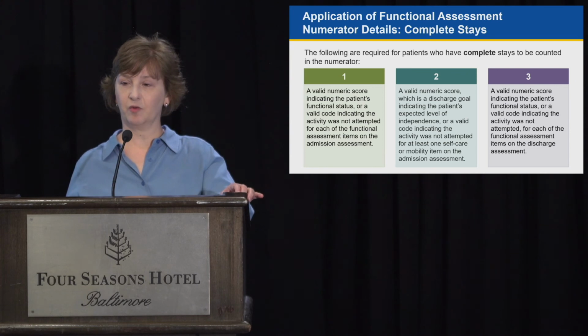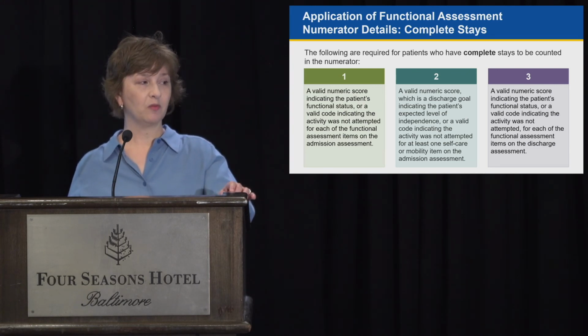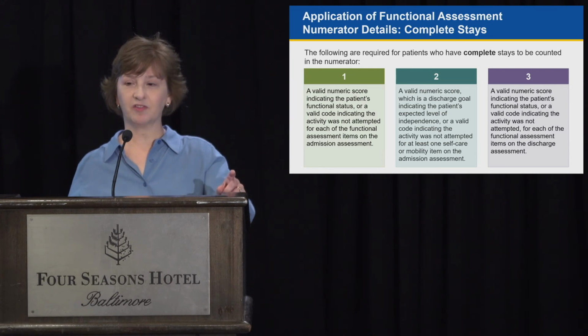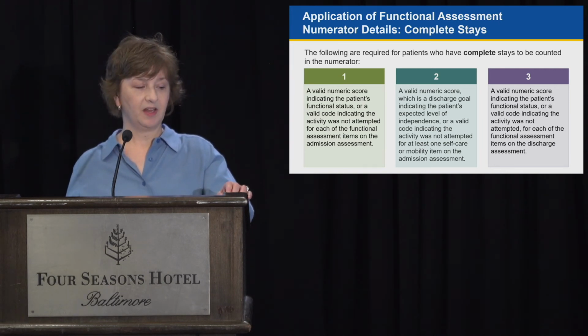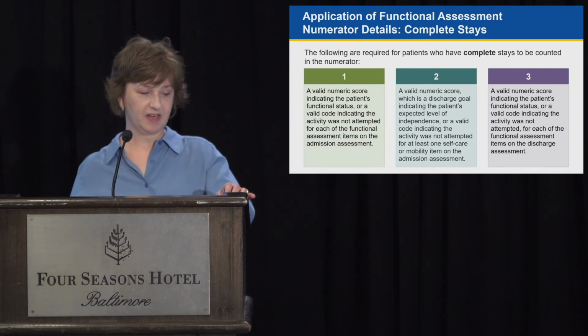That's one of the 1 through 6 codes indicating the patient's functional status, or one of the activity not attempted codes for the admission assessment. Second, also on the admission assessment, relates to the goal. So at least one valid numeric score, the 01 to 06, indicating the patient's expected level of independence by discharge, or a valid code indicating that you're expecting the activity will not be attempted at the time of discharge.